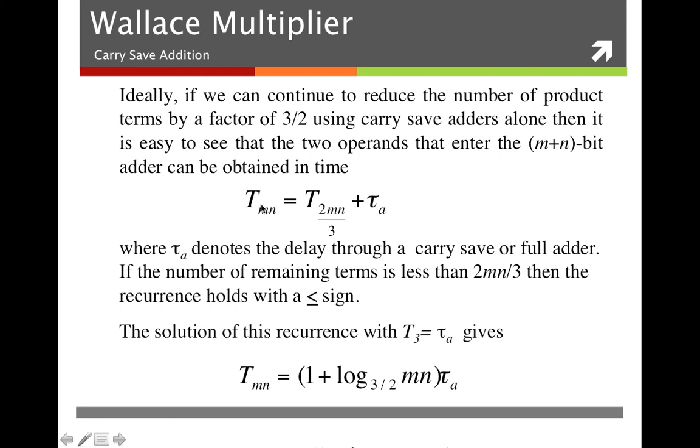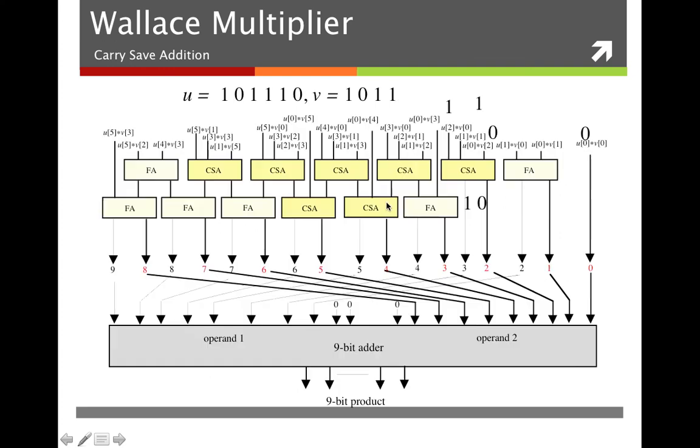And so we take mn of those, and then we shrink them down to 2 times mn over 3. There's certainly a reduction, plus some tau a for going through these full adders or carry save adders. Carry save adders basically are like full adders where the carry input is considered to be just one of the 3 operands, as opposed to a separately labeled carry input. And then we just have carry out and a sum output.